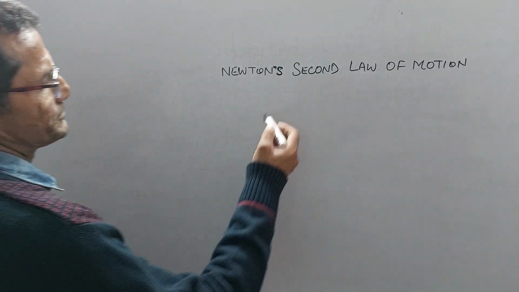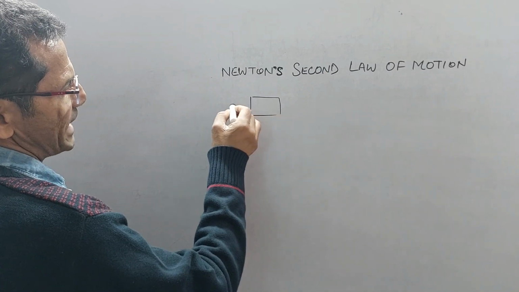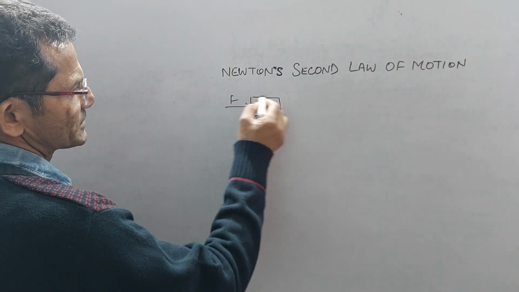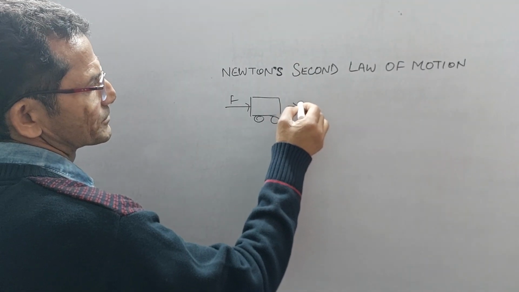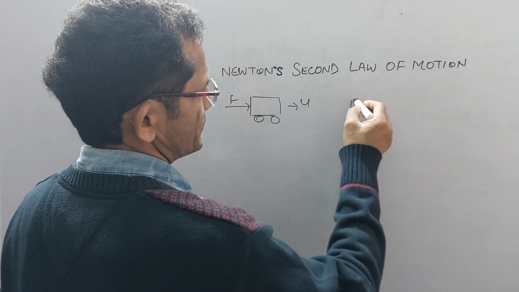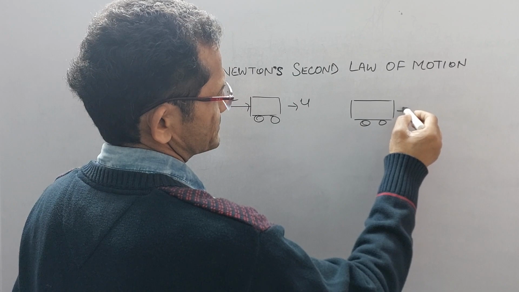Suppose this is a vehicle. A force is acting on this vehicle. At the beginning its speed is u. After some time it has a new speed, that is v.